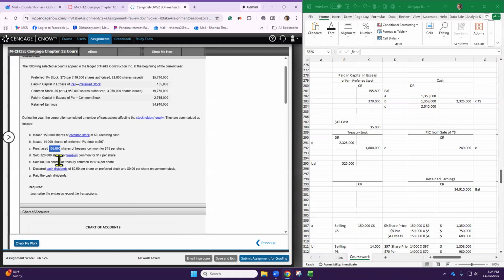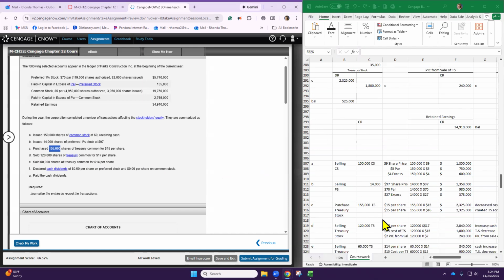So, you can't sell more treasury shares than you purchased. We don't have treasury shares to begin with, so there's not any in the beginning balance. Boy, they didn't do very well here.